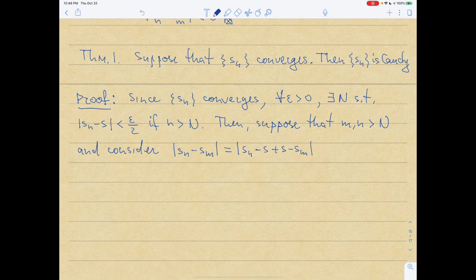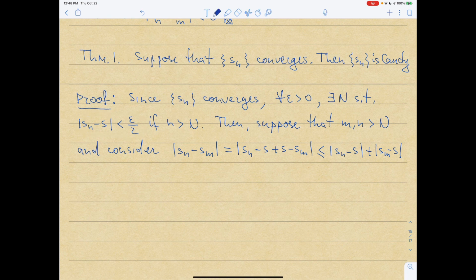And then using a triangle inequality to have that this is less or equal than absolute value of Sn minus S plus absolute value of S minus Sm, but that's the same thing as absolute value of Sm minus S. And because both m and n are bigger than capital N, I have that the difference between Sn and Sm and S must be less than epsilon over 2.